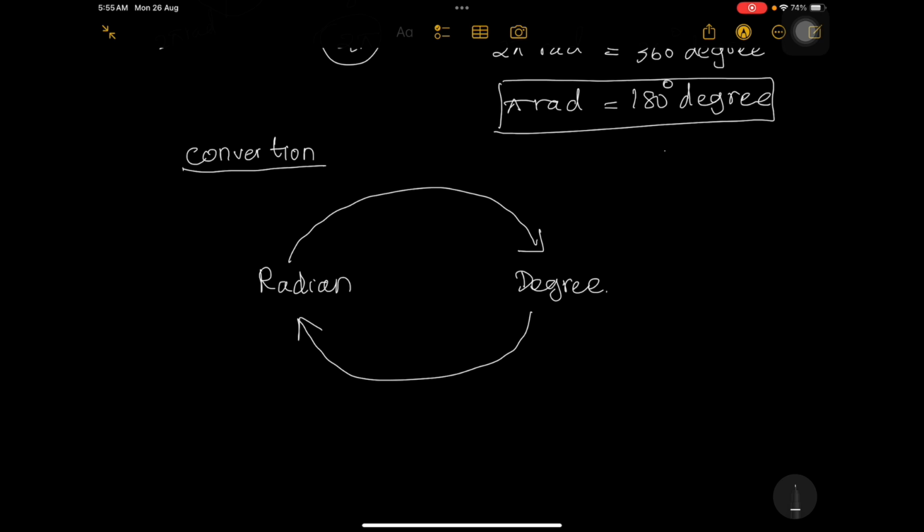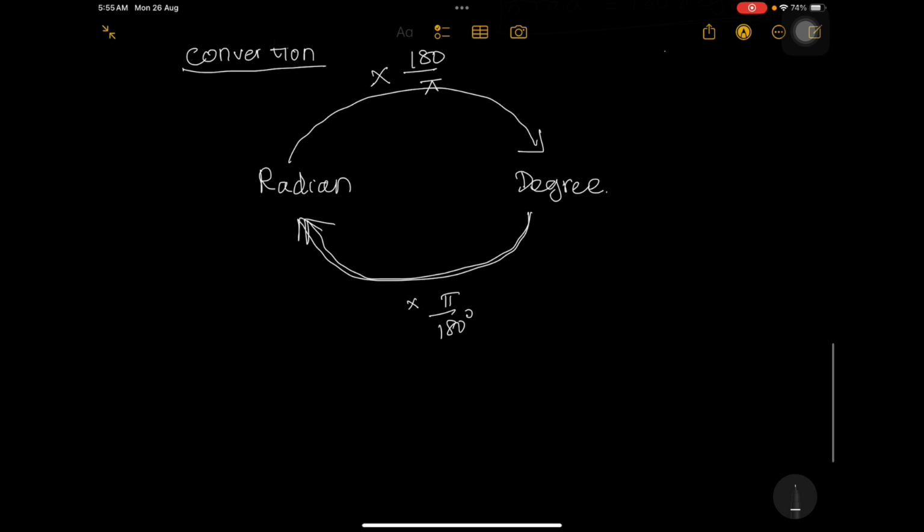Since we know this pi radian is 180 degree, to convert from radian to degree, you have to multiply with 180 divided by pi. For converting from degree to radian, you have to multiply with pi over 180 degree. So this is simple as that.